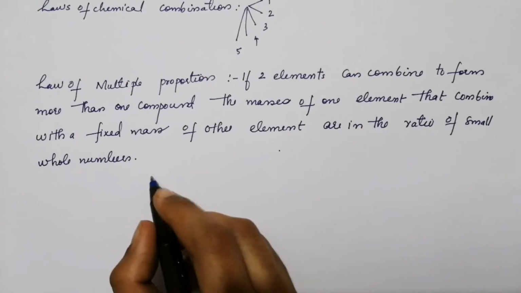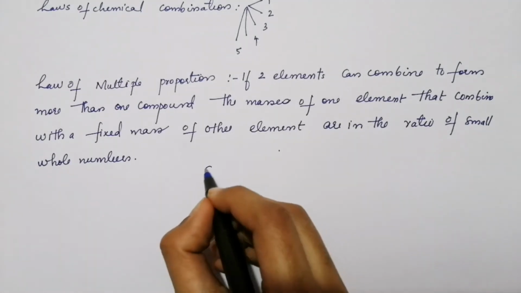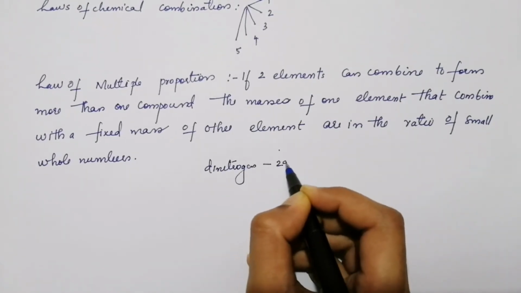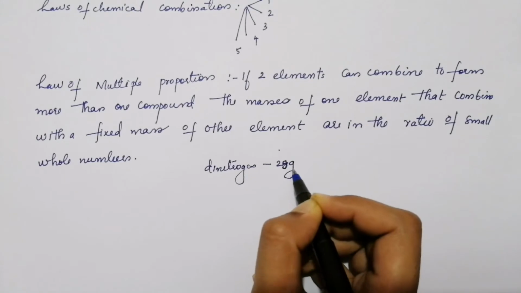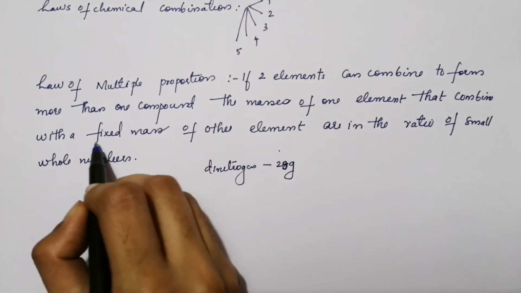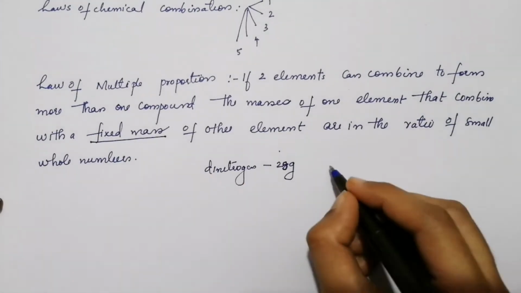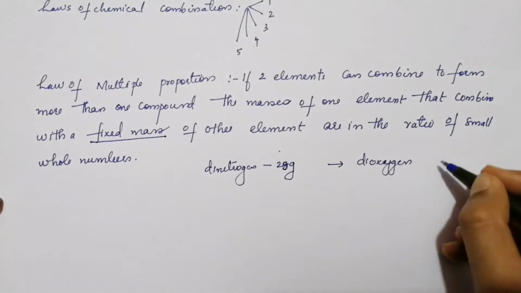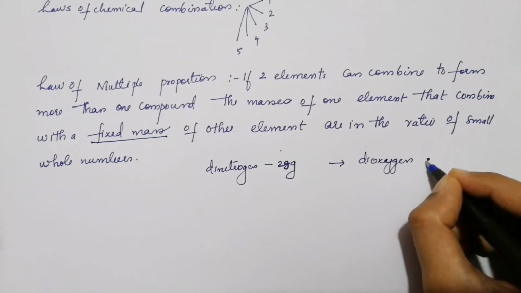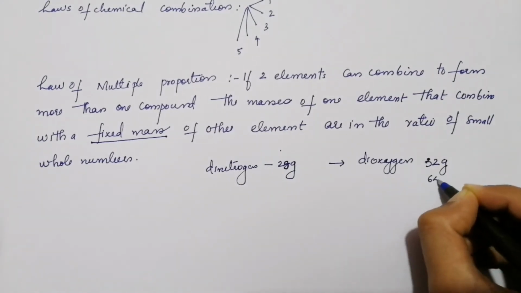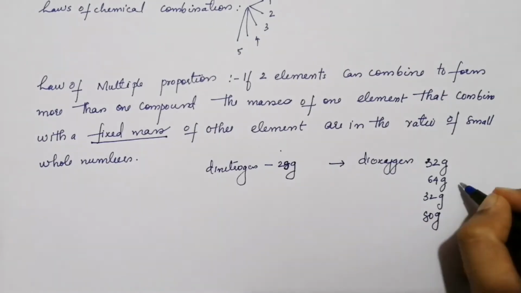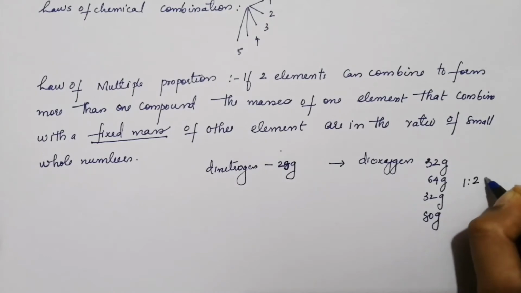Now we know in this example we have kept the mass of dinitrogen to be 28 gram and we kept this 28 gram to be fixed. So this dinitrogen is the element which is having the fixed mass. Corresponding to this, we had dioxygen, which had masses such as 32 gram, 64 gram, 32 gram and 80 gram, which we rounded off to the simple whole number ratios 1:2:1:5.